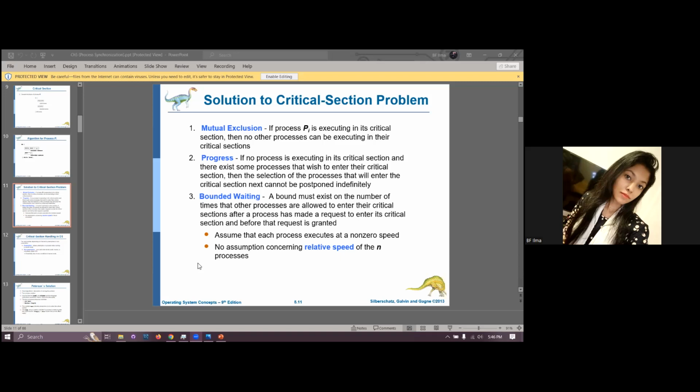The third point is bounded waiting, which is similar to the second point, but it says that there must be a maximum number of times that it is allowed to wait before entering the critical section. So now that we have the criteria defined, we can move on to some other solutions for our critical section problem.